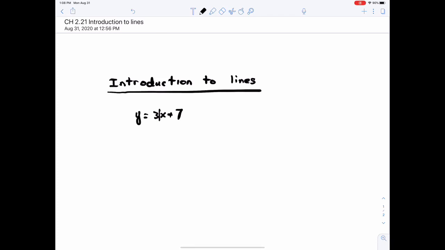This would not be a linear equation either, because there's an absolute value around the variable. This would be an absolute value equation. This would be a linear equation, though. Why? Because the absolute value is not around the variable. That would graph as a line.